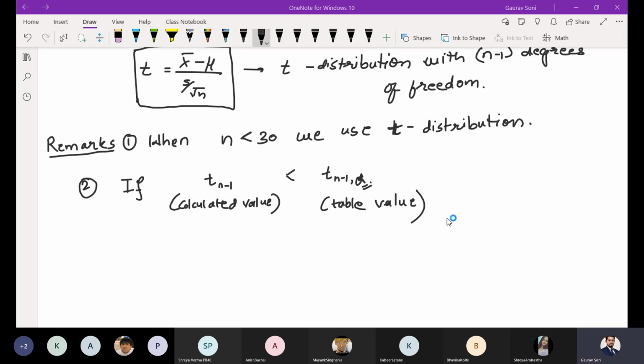In case you don't have the tabular value given to you in any of the statistics books, there are statistical tables available, and in the statistical tables all the distributions are there. I'll just share my screen.